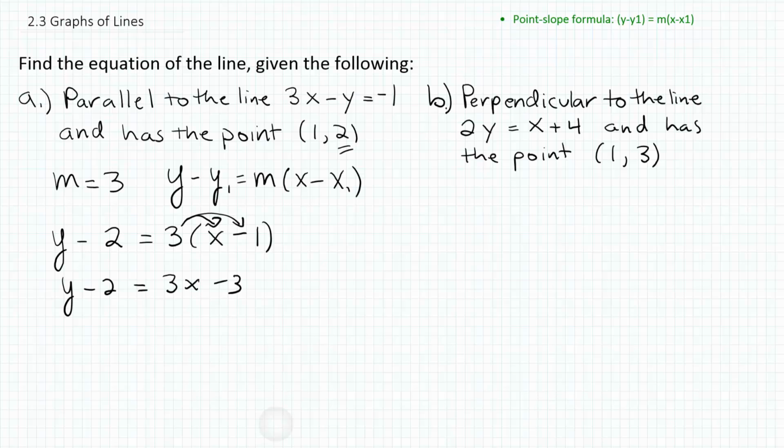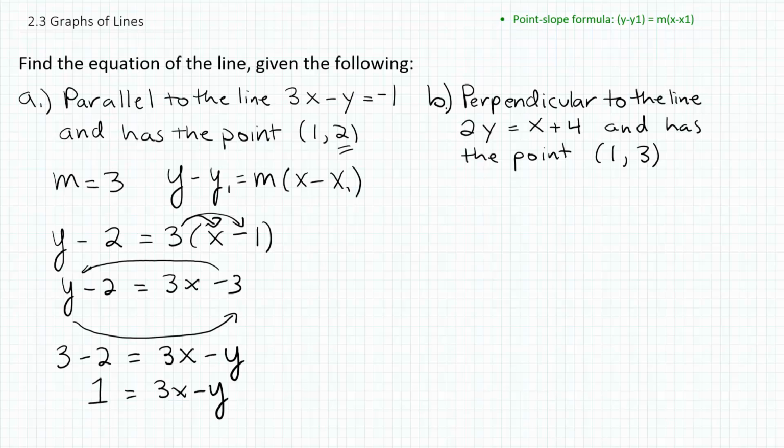And then finally, if we want, I can move the y over here and move the 3 over here. So the 3, when it comes over, will become positive, so it'll be 3 minus 2 is equal to 3x minus y. And that, of course, will just give you 1 is equal to 3x minus y. And that's your equation. If you write it in a more traditional ordering, you can say 3x minus y is equal to 1. And that's the answer for example A.